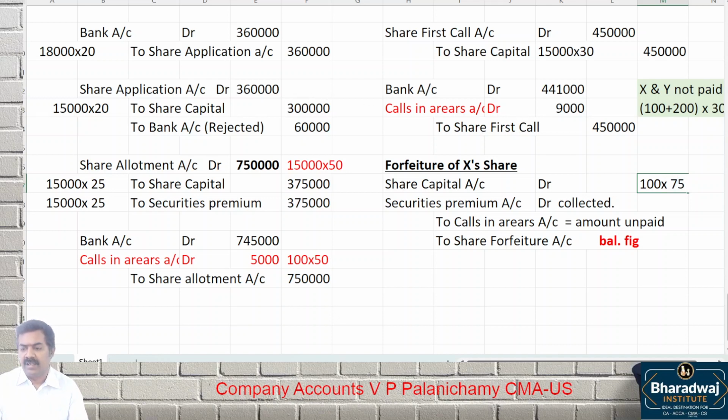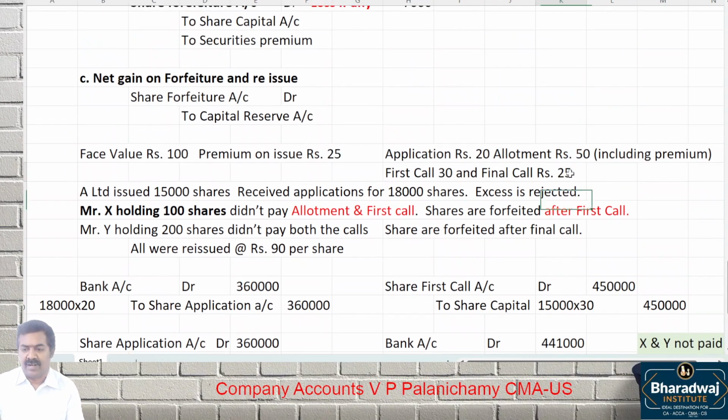Or simply, what is the final call? Final call money how much? Have we made a final call? No. Before final call, we are cancelling. What is the face value? 100. Final call is made or yet to be made? Yet to be made. So 100 minus 25, 75.